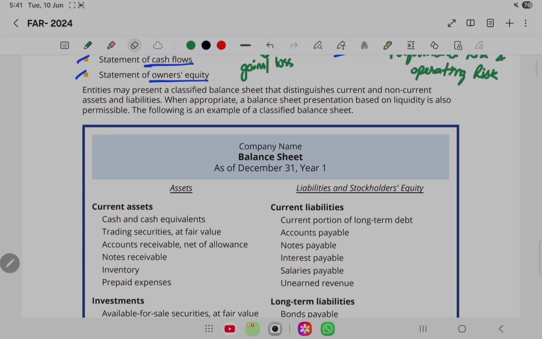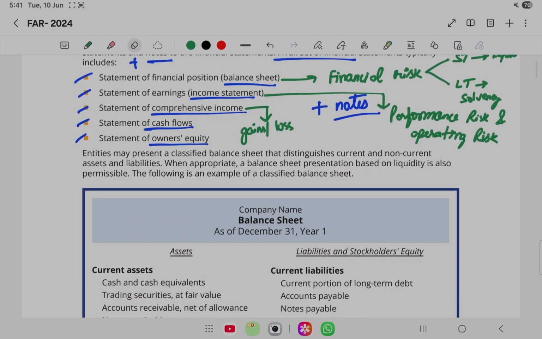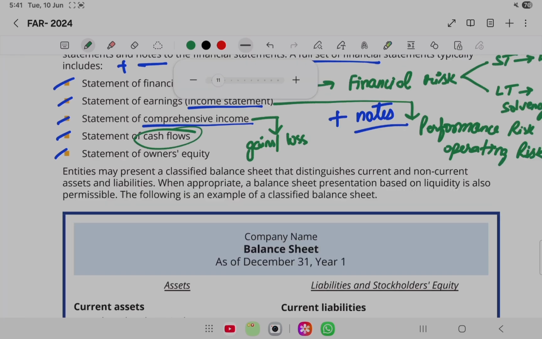What are cash flows? The statement of cash flows first of all shows the changes in the cash flows. Why did cash change? It is an indicator of the quality of earnings and the growth potential. It is also an early warning red flag if PPE is sold to pay the bills of the company; that is not good for the company.